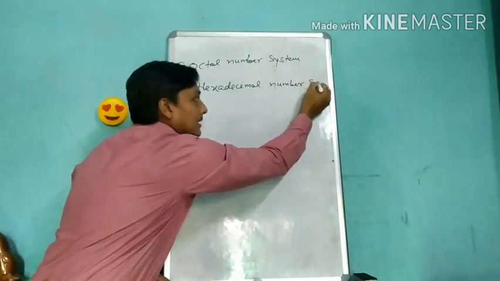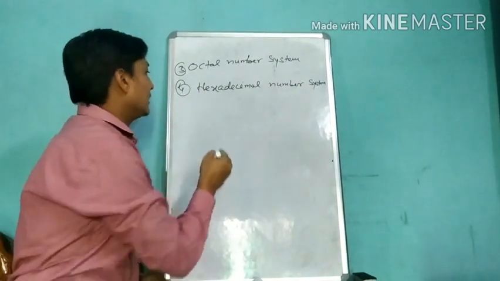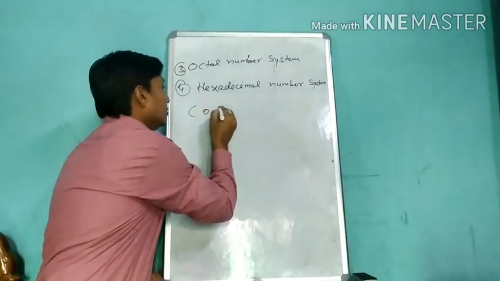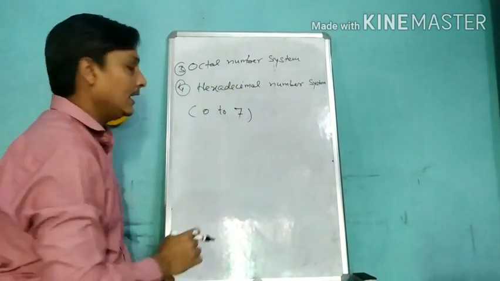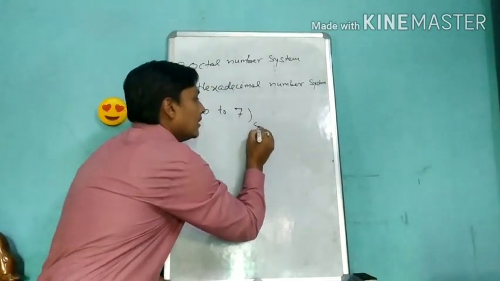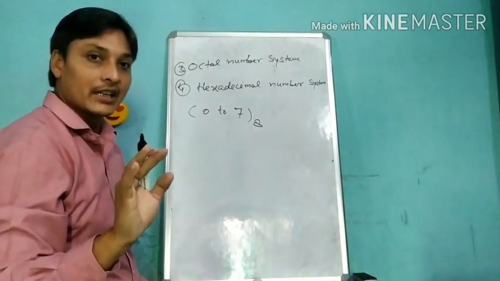In the octal number system, the numbers will come between 0 to 7 and the base will be 8. Students, pay attention everyone.